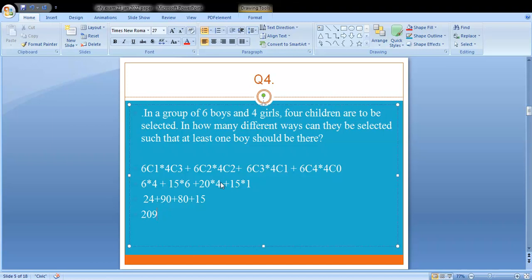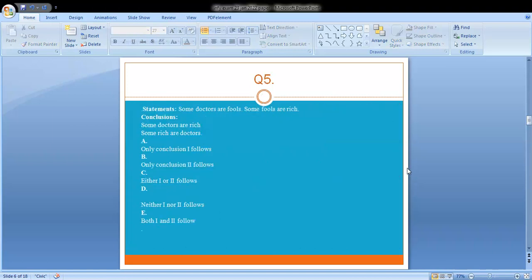Let us see the next one. Some doctors are fools, some fools are rich. Some doctors are rich.